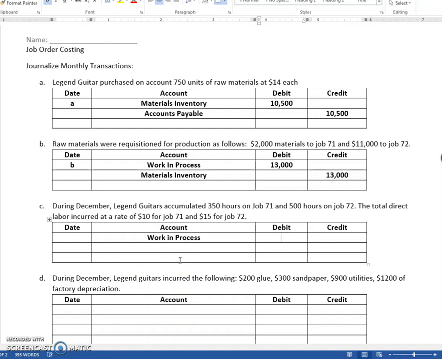It'll be a total of 350 times 10, which is 3,500, plus 500 times 15, which is 7,500. So the total that I'm putting into work in process now is $11,000. I'm going to pay these people, so I set up a wages payable for this. And again, the reason that it goes into work in process is because any kind of direct items go straight to work in process.